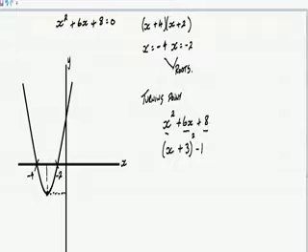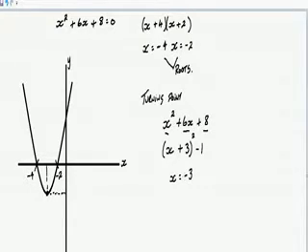Okay, so now what we do is we want the turning point. We can take the turning point from this, and we do exactly the same as we've done up here. So what we do is we say that x equals, now we take the number and we change the sign.